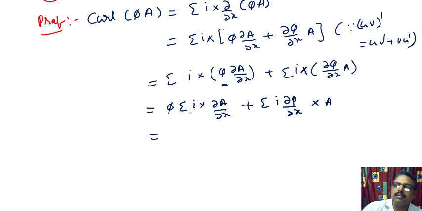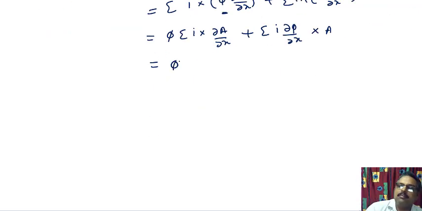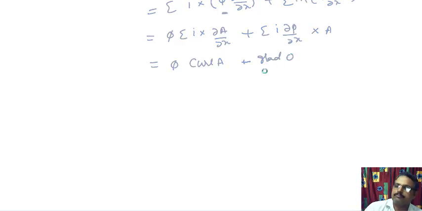Whenever this is a cross product, phi into sigma I cross dou A by dou x is simply curl A. Now here the ordinary product is gradient of phi cross A.